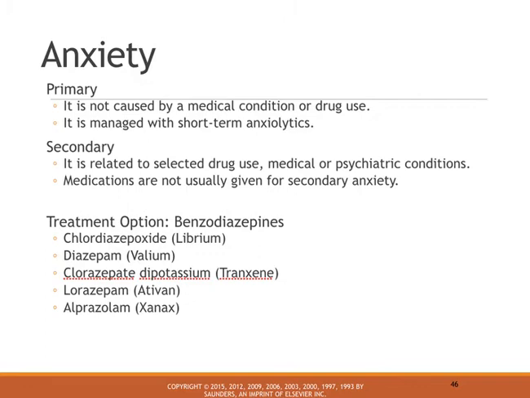If it's secondary, we usually don't treat it, or we treat it just based on the patient's severity. There are some treatment options. Most commonly, we're going to turn to benzodiazepine medications. And I've listed some of the most common ones on this slide. So Valium, Ativan, Xanax, those are probably ones that you've seen.